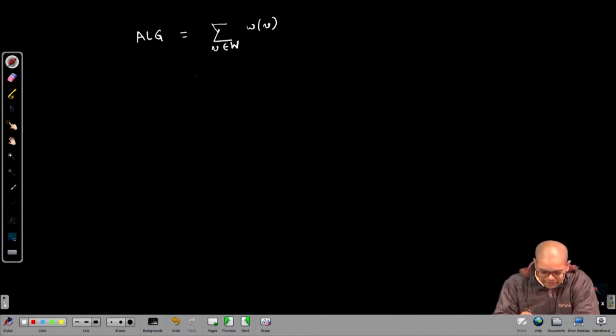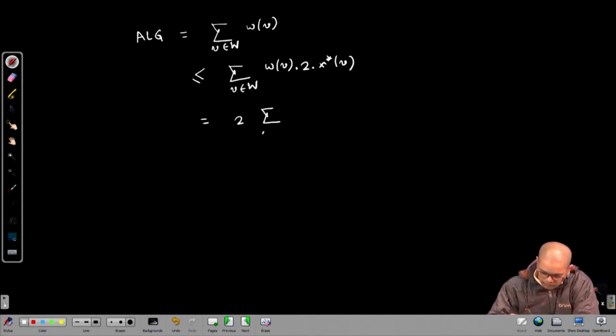Now, this can be written as less than or equal to, for every vertex v in W, the value of x star v is at least 1 half, so this is w_v times twice x star v. This is twice the summation over v in W of w_v x star v.